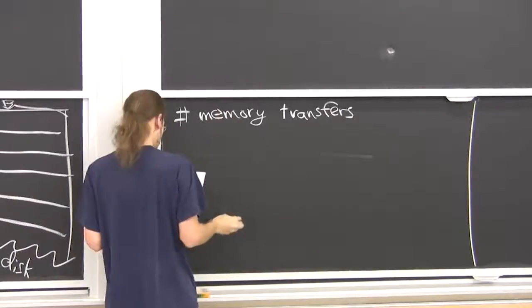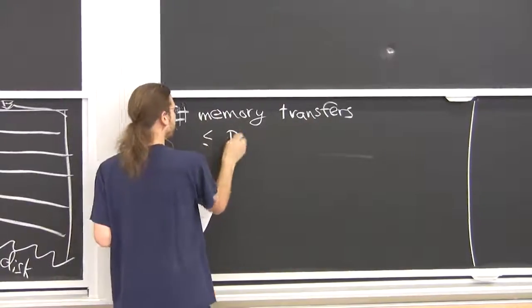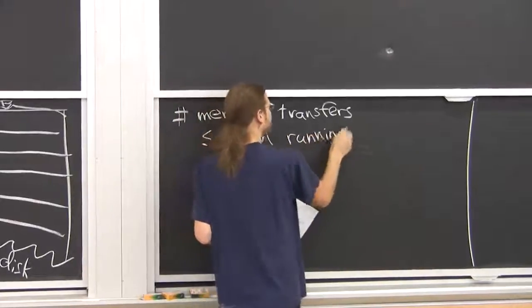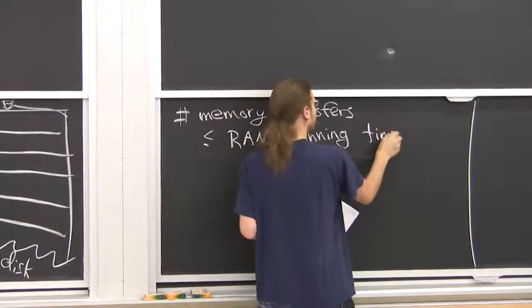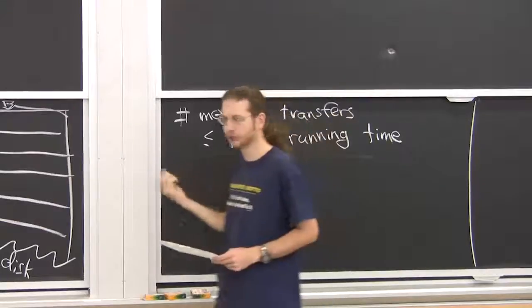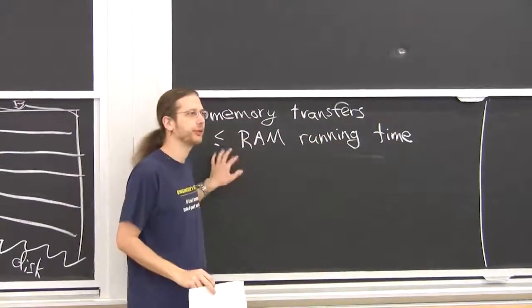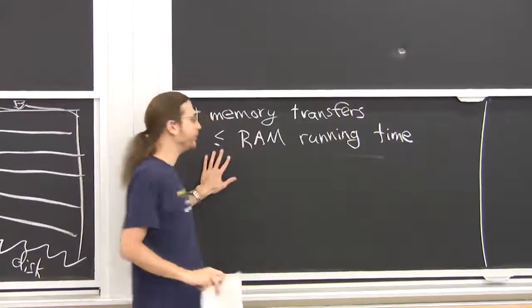And it's going to be, at most, the running time on a RAM. So this is a comparison between two models. At most, every operation you do on a RAM data structure incurs one memory transfer. That would be the worst case. So that's what we want to beat.